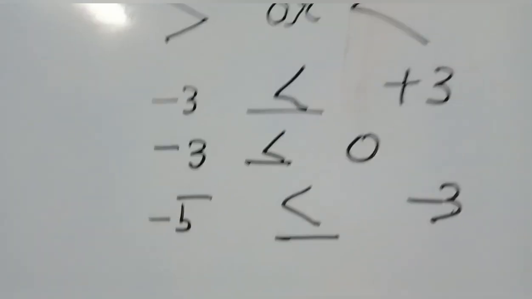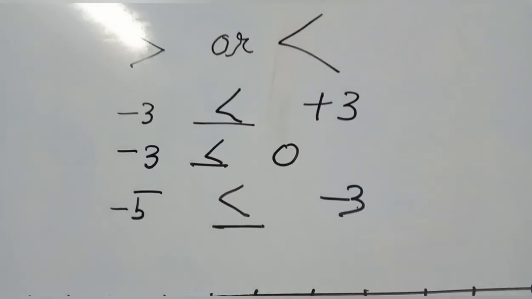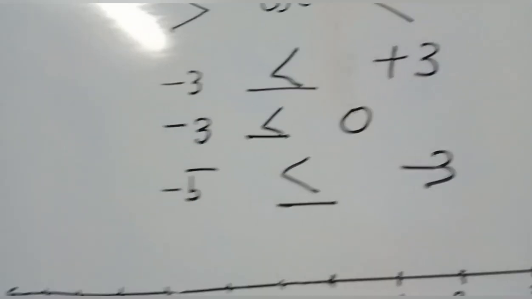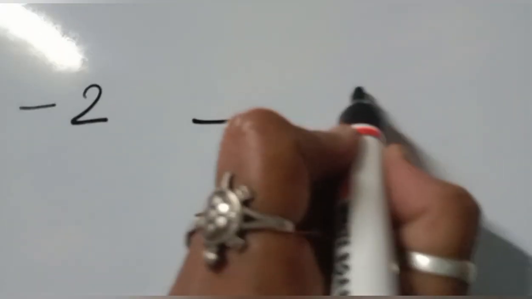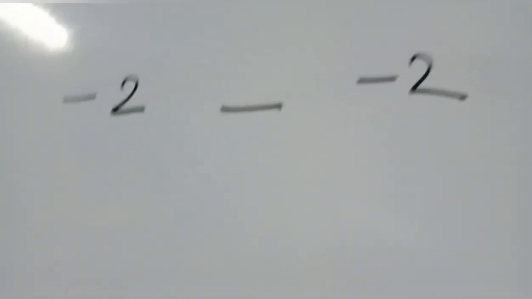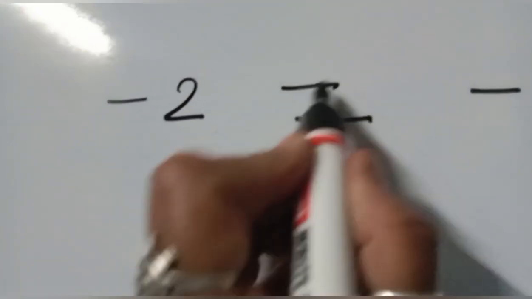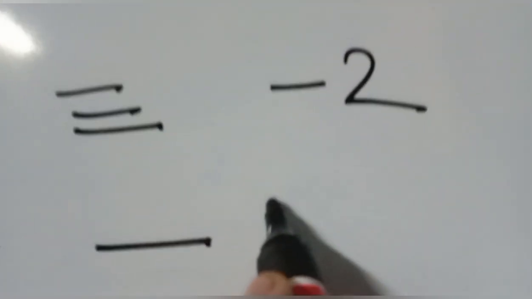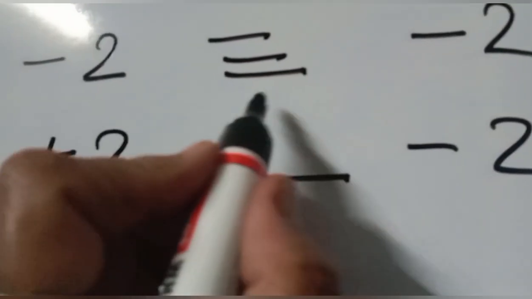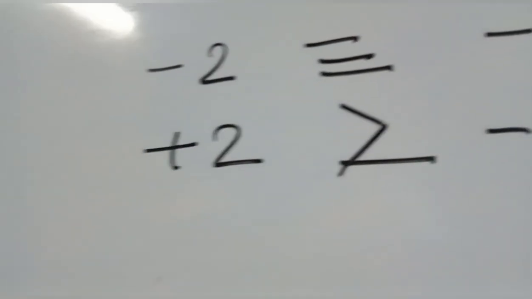Isn't it? So this is another type of question which usually comes: greater than, lesser than, equal to. If I say minus 2 and minus 2, what will I put? Equal to. But if I say plus 2 and minus 2, which is greater? Plus 2 is greater.